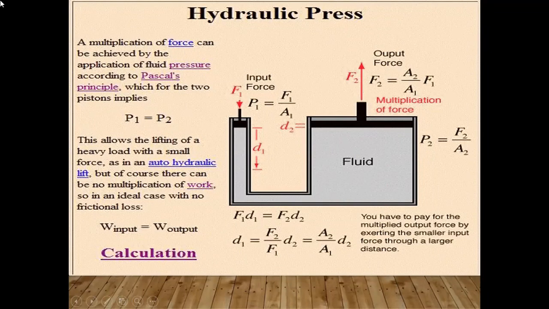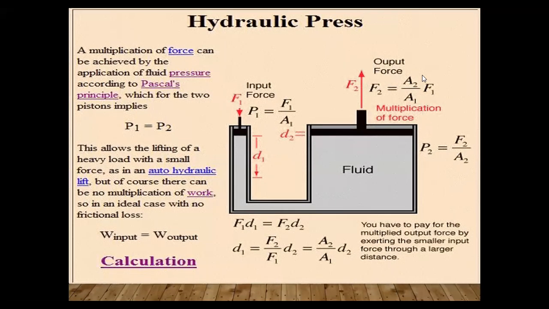And if we equate this, then the force exerted at piston P2 will be F2 equals A2 by A1 times F1, or F1 by A1 into A2. This is the required amount of force exerted at piston P2.